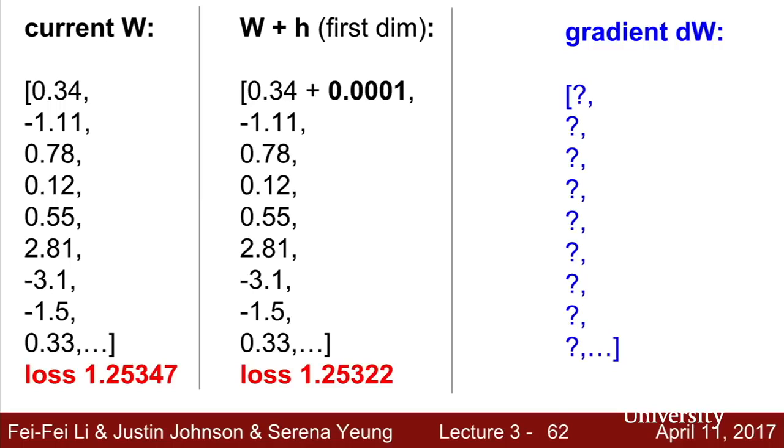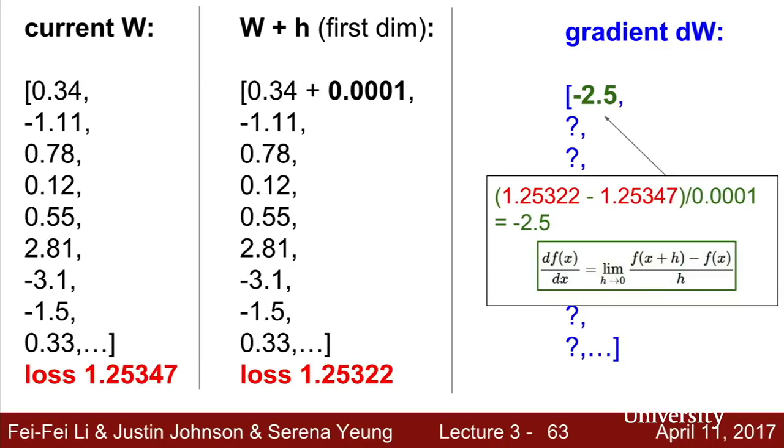So one thing you might imagine is computing this via finite differences. We have our w, and we increment the first element of w by a small value h, and then recompute the loss using our loss function and our classifier. Maybe in this setting, if we move a little bit in the first dimension, our loss will decrease a little bit from 1.2534 to 1.25322.